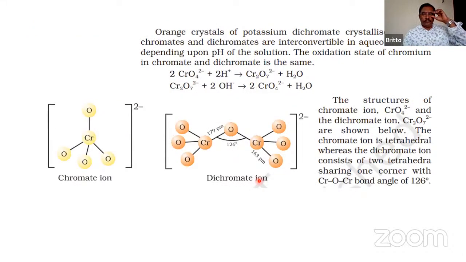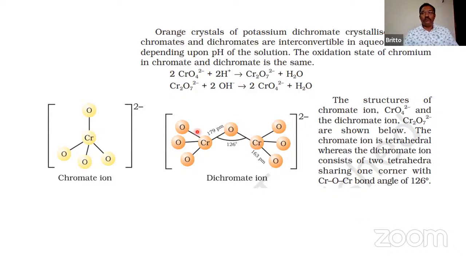And then let us look at chromate and dichromate. Chromate ion and dichromate ion, important compounds பார்த்தீங்கன்னா potassium dichromate, chromiumல. So chromate has a tetrahedral structure, and then dichromate பார்த்தீங்க அப்படின்னா 2 tetrahedra are joined through an oxygen. Okay, so bridge oxygen இருக்கு, the Cr-O-Cr bond angle இதுல 126 degree.